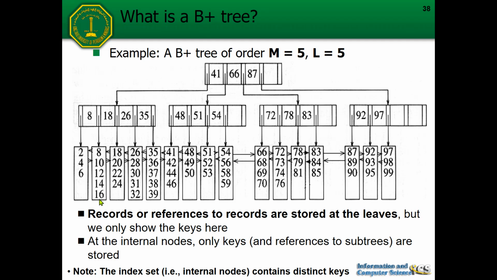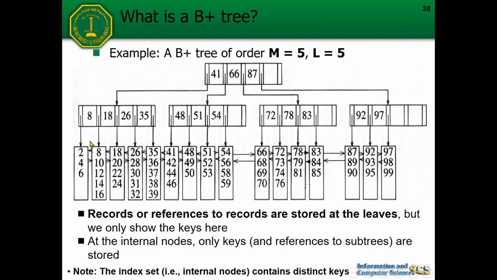Everyone, let's look at this example. I think that using this example will make the concept of the B+ tree easy to understand. So look at this. The first node is the root. And we have 1, 2, 3, and 4 the internal nodes, and the last one is the leaf.